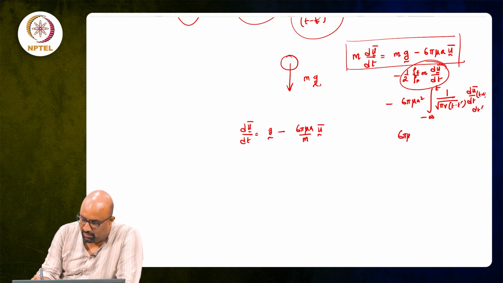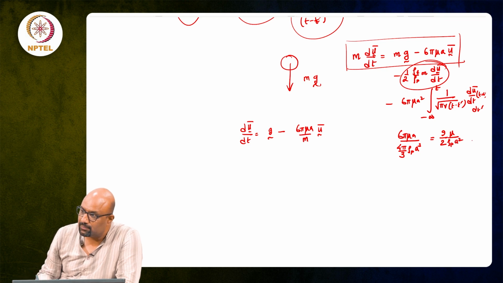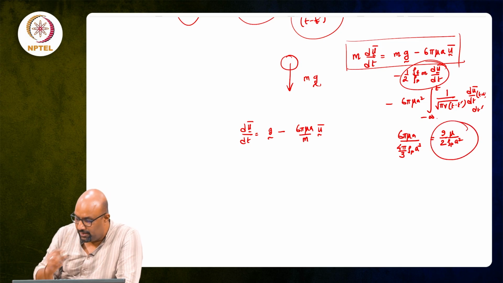Now, 6 pi mu a by m can be written as 9 by 2 mu by rho p a square, since m is 4 pi by 3 rho p a cube. Is that okay? What is the dimension of this quantity?